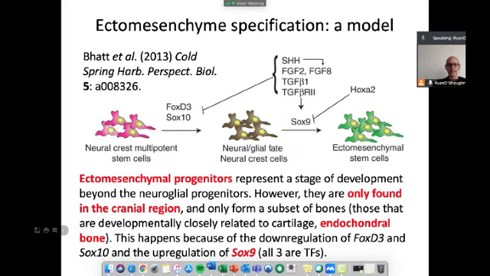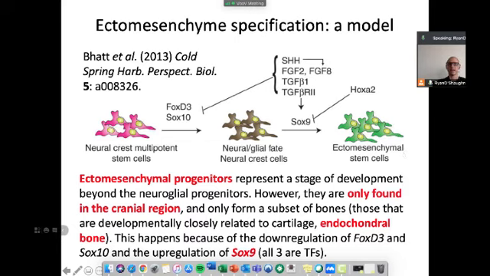So now we have this model of ectomesenchymal specification, by which we have multipotent neural crest stem cells, and through a process of expression of transcription factors, inhibition of the expression of other transcription factors, and activation of fibroblast growth factor signaling, we can make these neural crest multipotent stem cells go towards an ectomesenchymal fate.